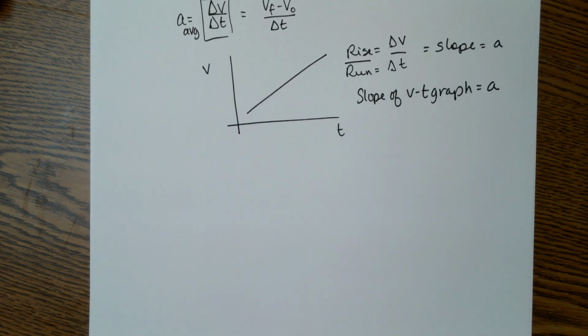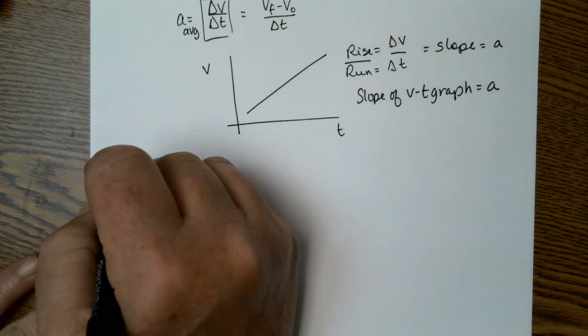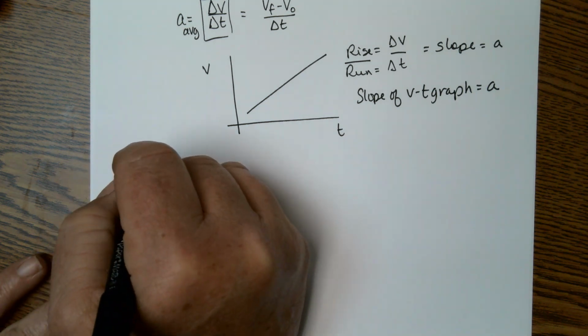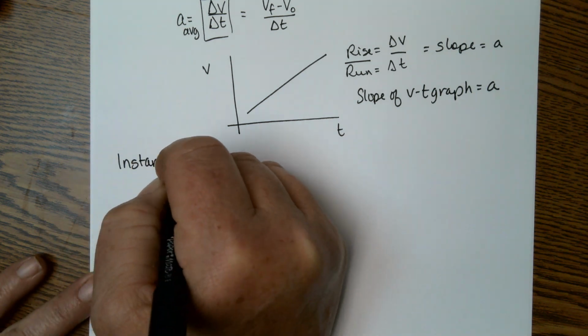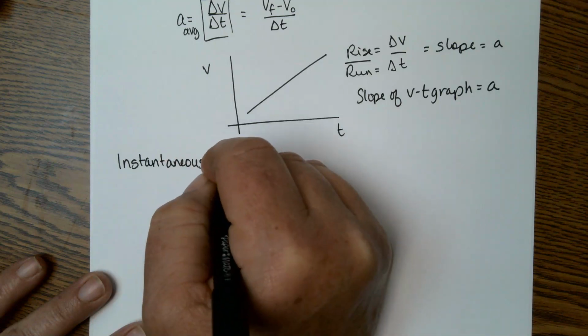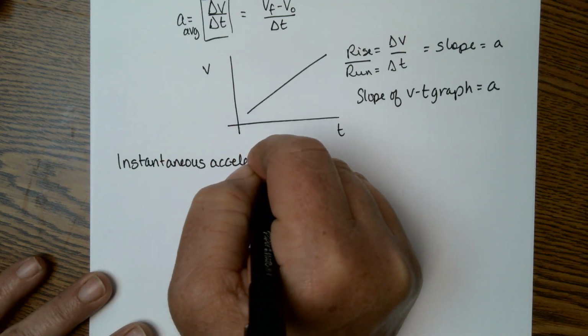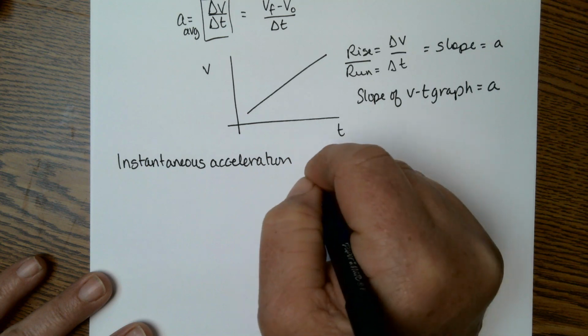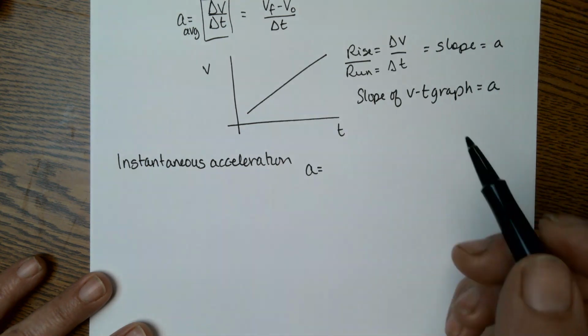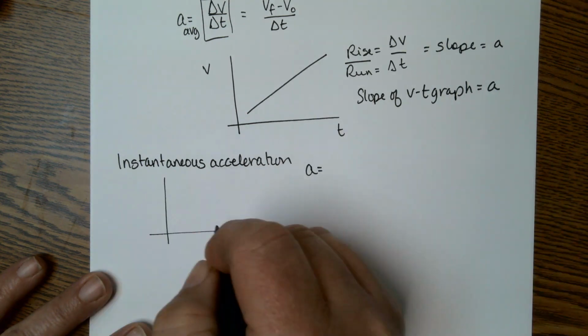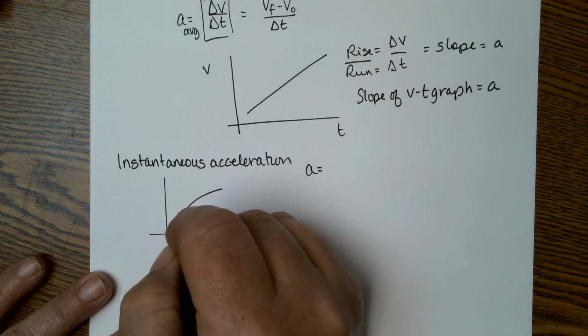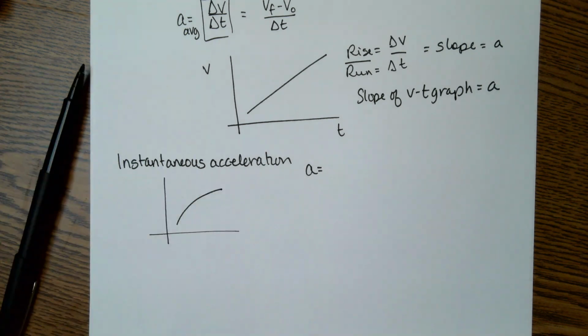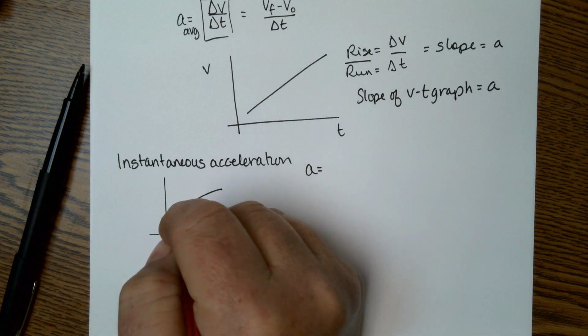Now, of course, my instantaneous acceleration follows that same path that instantaneous velocity does. And instantaneous acceleration is where I shrink that time interval down really small. So maybe I have something that looks like this, but I want to know, hey, what is it right here? Well, right there, my tangent line slope looks like this.